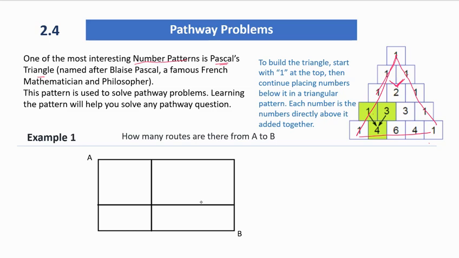Again, the perimeter gets 1 on the outsides going down. This number is a 1 plus 2 and a 2 plus 1 to get the 3's. A 1 plus 3 is a 4, 3 plus 3 is 6, 3 plus 1 is 4, and so on. We're going to use this principle of adding to get the number of pathways.